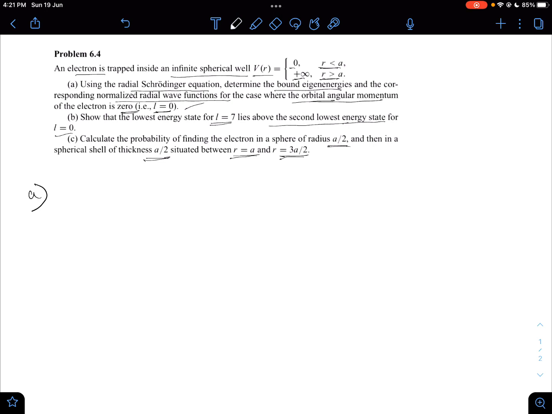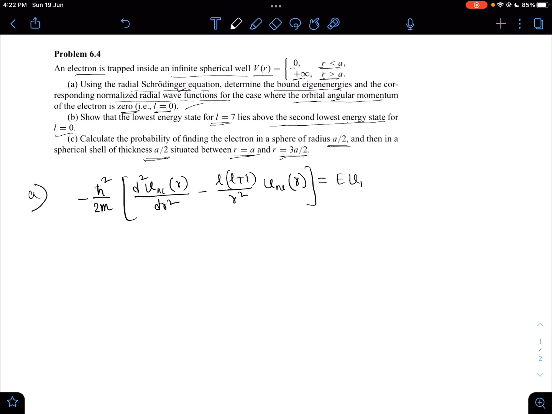Using the radial Schrödinger equation, let us write it down. It is minus h cut square by 2m d2u_nl by dr square, minus l into l plus 1 by r square, u_nl(r), which is equal to E u_nl(r).